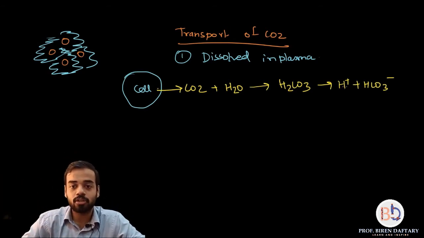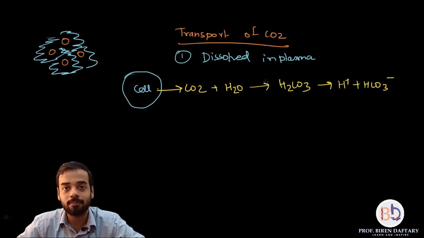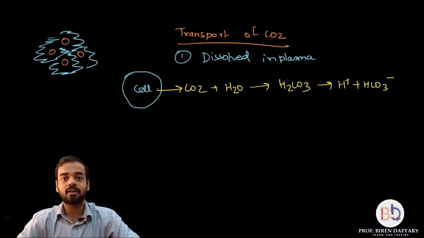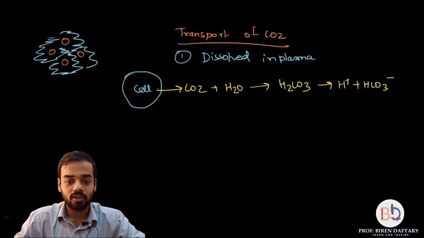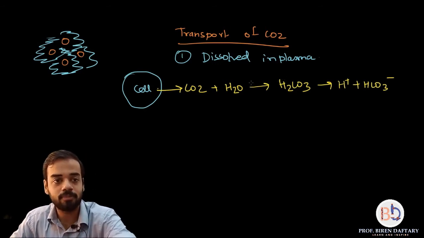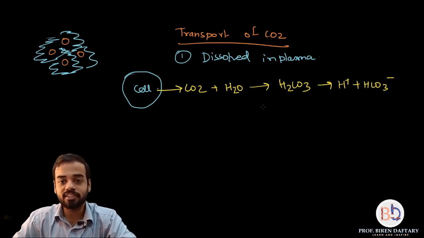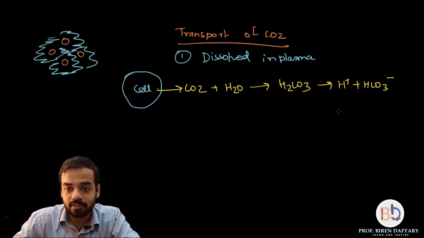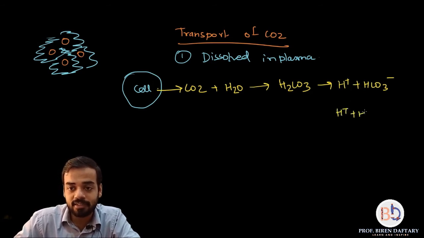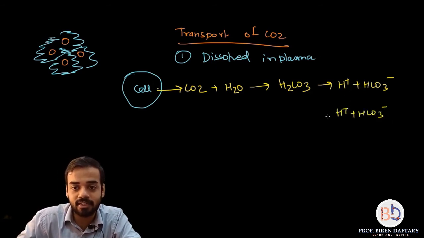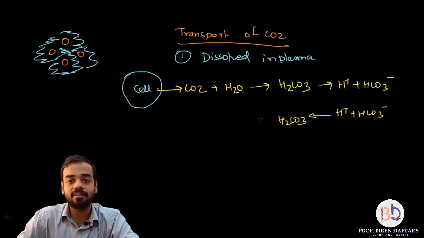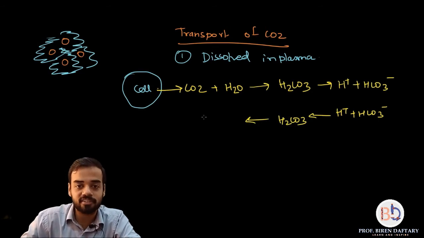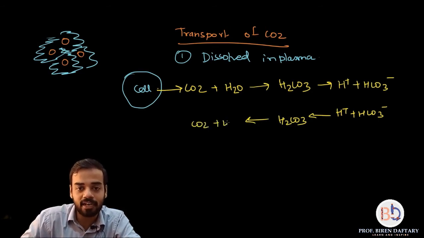You know that. So now near the lungs, this deoxygenated blood will undergo some changes. For example, all these reactions will become reversible. So when this blood carrying these ions reaches the lungs, this H plus and this HCO3 minus combine again and form H2CO3, and this H2CO3 now splits back into carbon dioxide and water.